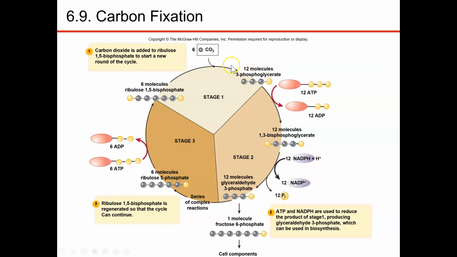And so we're going to produce a total of 6 carbon molecules that are unstable, and that's going to break into the 12 3-carbon phosphoglycerates.